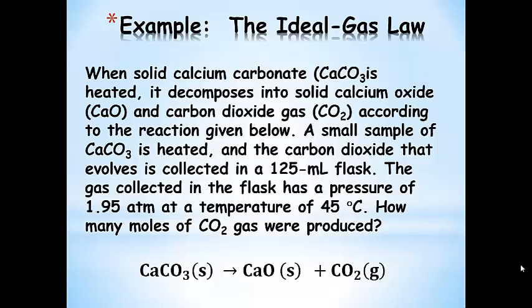Now, we're going to heat a small sample of this calcium carbonate, and we're going to collect carbon dioxide gas in a 125 milliliter flask. When we measure the pressure of this gas, we find that it has a pressure of 1.95 atmospheres at 45 degrees C. So how many moles of gas were produced? We want to be able to figure that out.